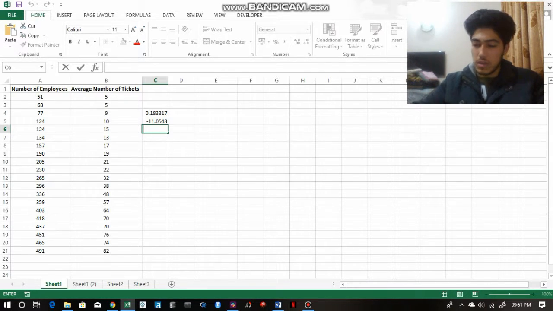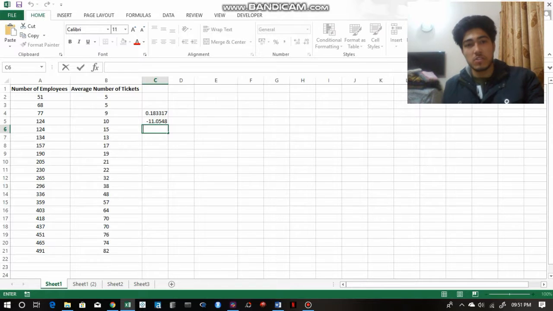What does it mean? This term means how well this model explains all the values responsible for the model.